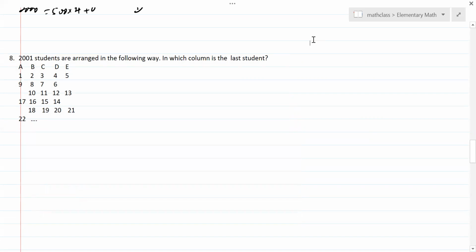In which column is the last student? This is a completely different problem, or not completely, but it's a little bit weird.